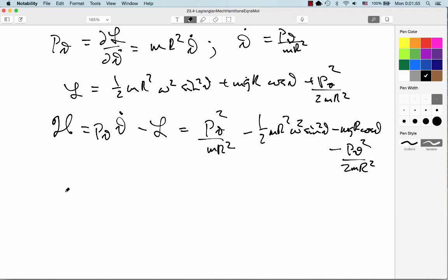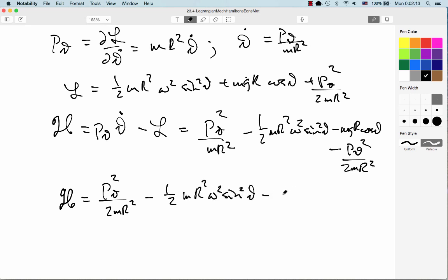What we get is that our Hamiltonian is equal to p theta squared over 2 m r squared minus 1/2 m r squared omega squared sine squared theta minus m g r cos theta.